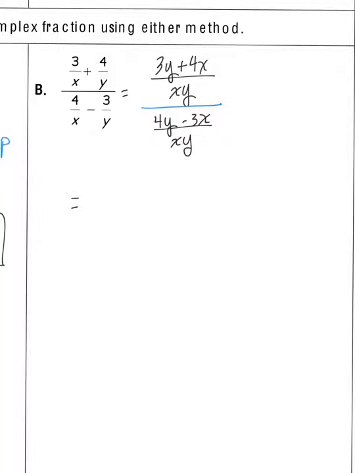So then you're going to keep, change, flip, so I'm going to keep the first one, 3y plus 4x, all divided by xy. I'm going to change division to multiplication, and then I'm going to flip the second fraction. So the xy is going to go up top, and the 4y minus 3x is on the bottom.